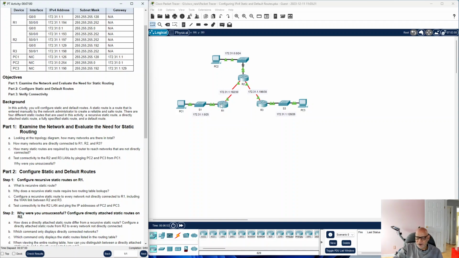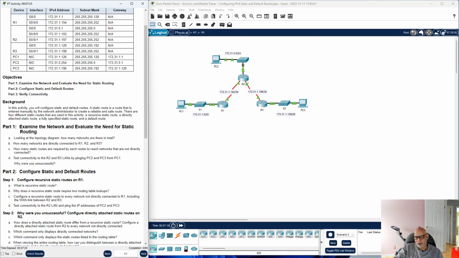The reason we need to know this is because when we configure a static route in each router, we specify the networks that are not directly connected to the router that you're configuring.